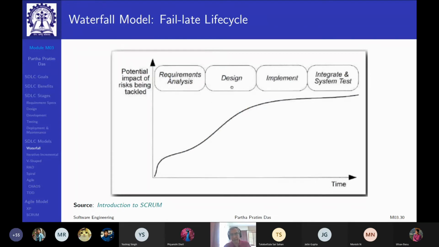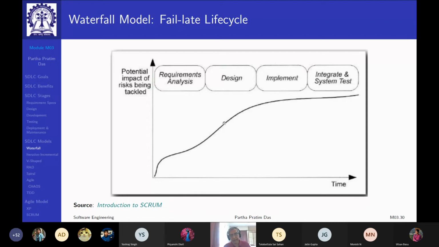If you look at these different stages, the x-axis is time, and the y-axis is the impact of risk being tackled. Naturally, initially it is low, because any error here, any changes here can be handled without so much cost.